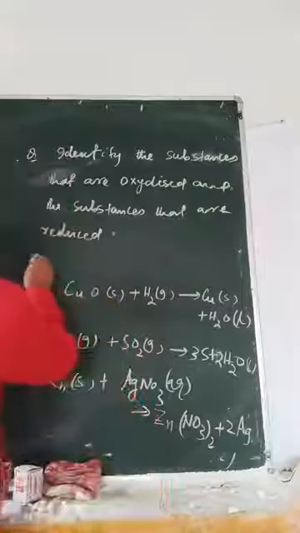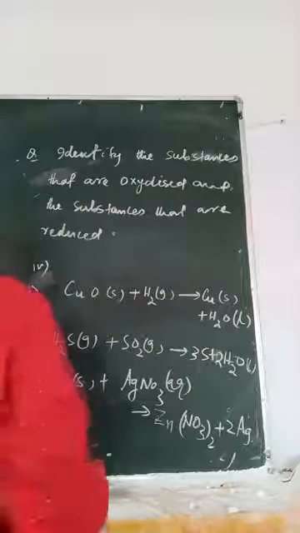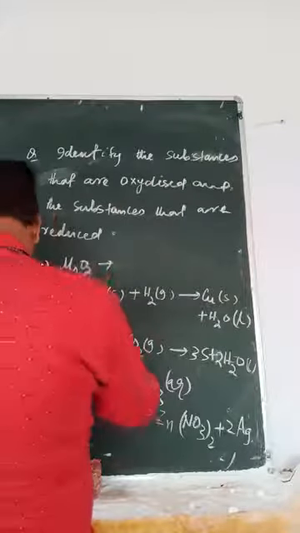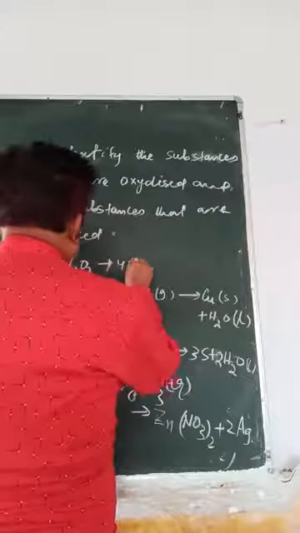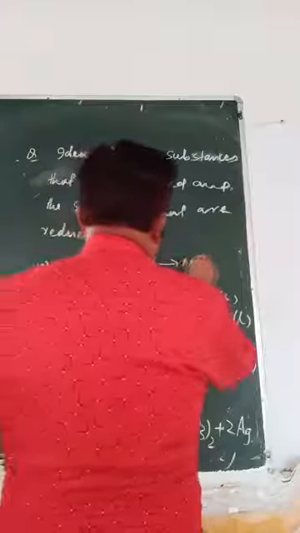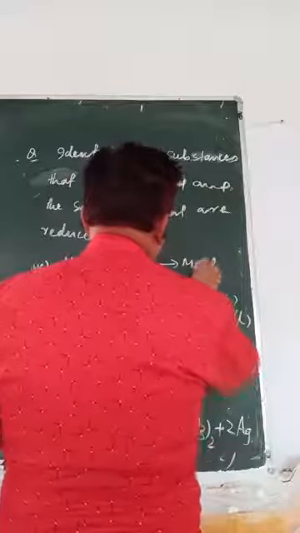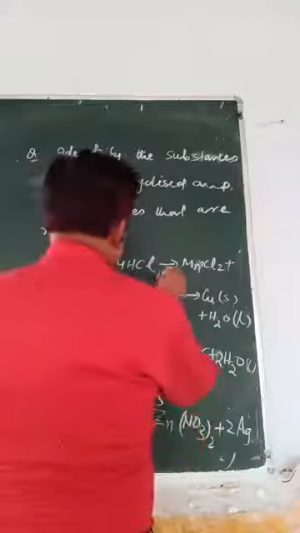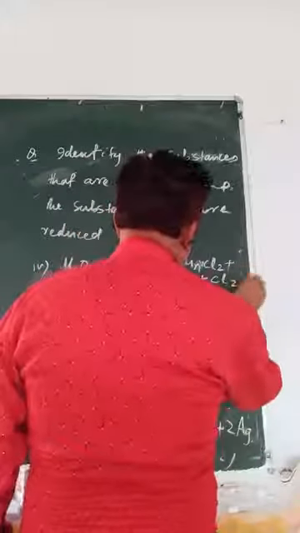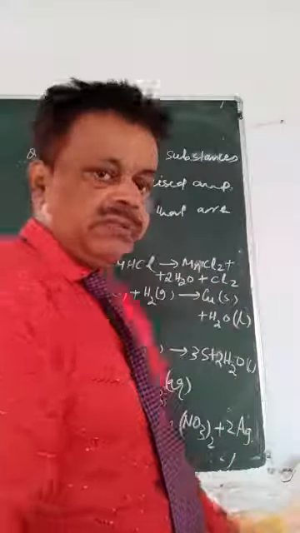Okay, I can write one more reaction here. That is MnO2 plus 4HCl. Let me write down the balanced equation: MnO2 plus 4HCl gives you MnCl2 plus 2H2O plus Cl2.